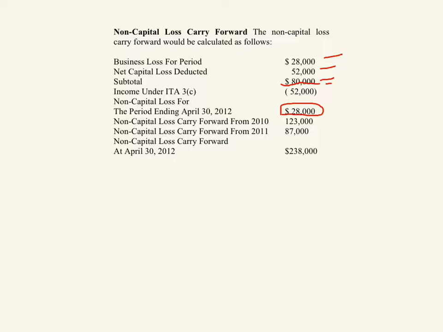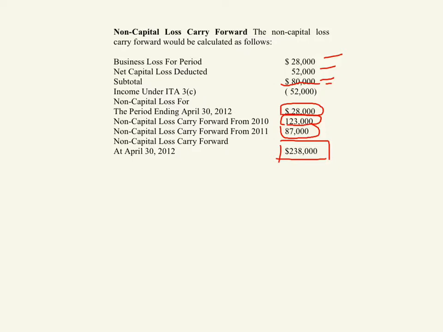Now we have to look in the question again and see what the non-capital losses carried forward from the previous years are. We have one from 2010 with a value of 123,000, and the second one, 87,000 from 2011. If we add up all those numbers, we get a non-capital loss carry forward at the end of April of 238,000.